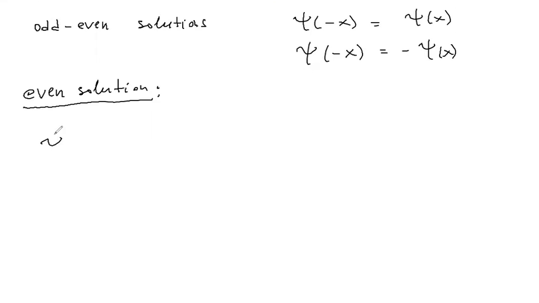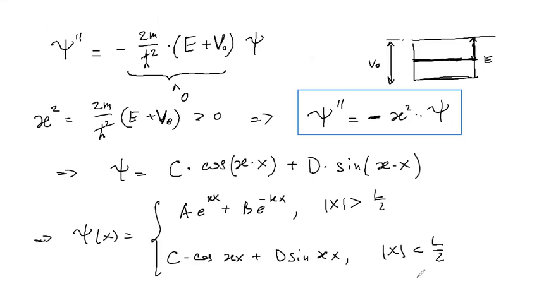So then my wave function for symmetric, or even, solutions would be equal, let's say for x greater than L over 2, very large x. For very large x, what kind of wave function would you pick? A term, B term, or both of them, A and B?